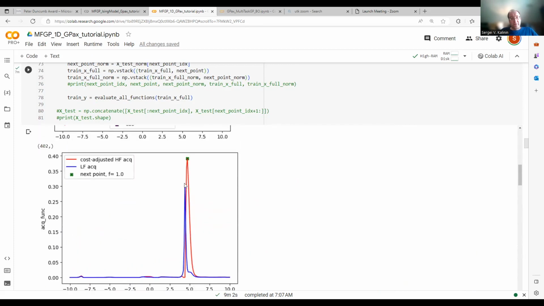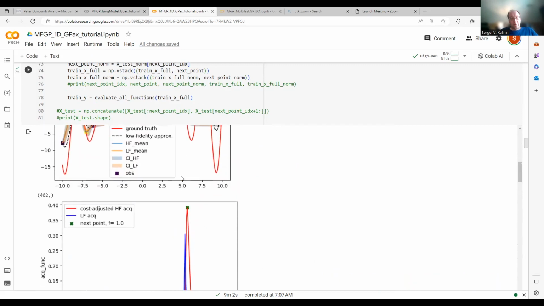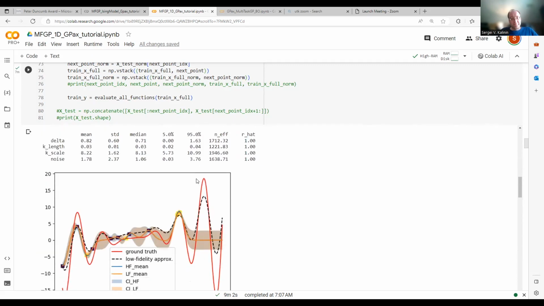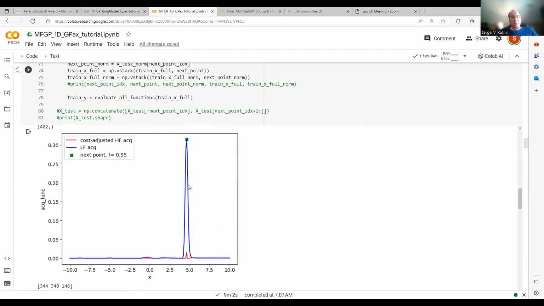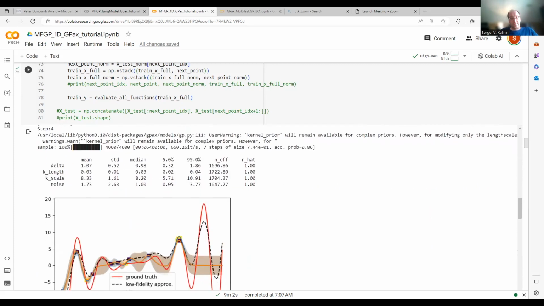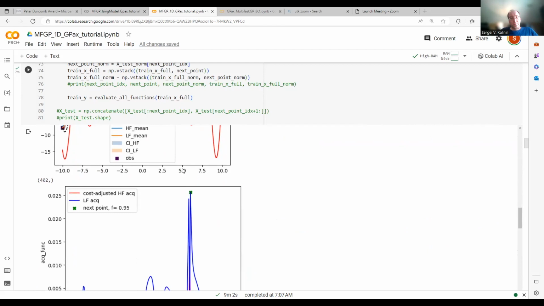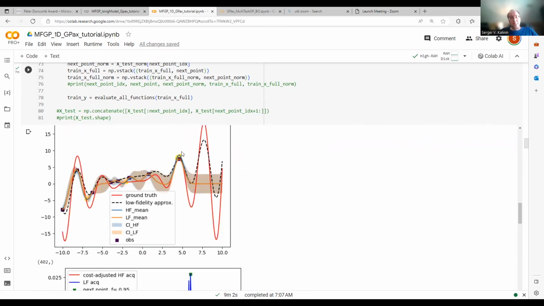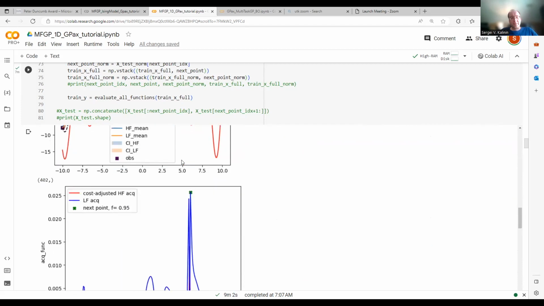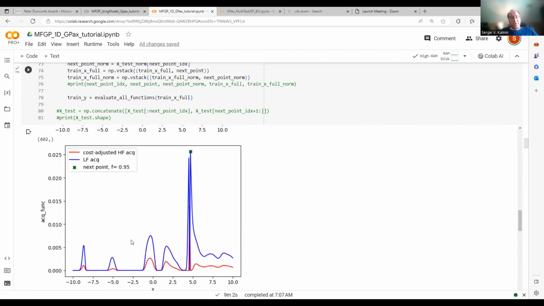So with this, we basically found this maximum. So after that, if we calculate the acquisition function, now it tells us that we have to explore the low fidelity space. So this is what we keep doing. And after that, after we get the full idea about what happens in this maximum, our acquisition functions start to show much more complex structure.